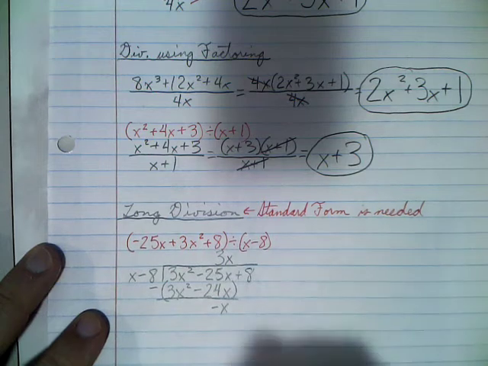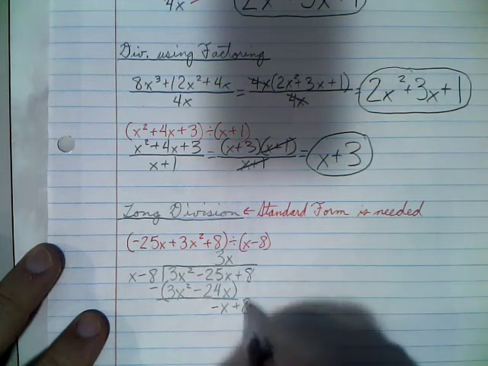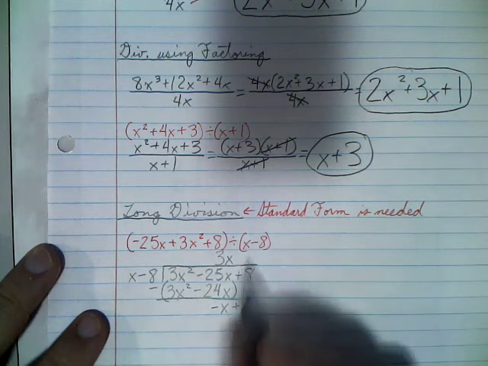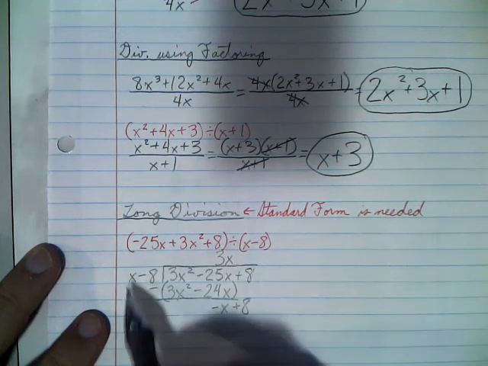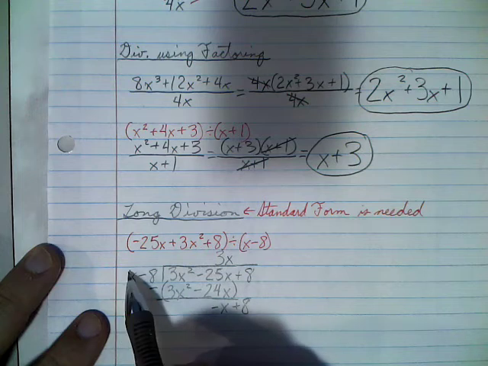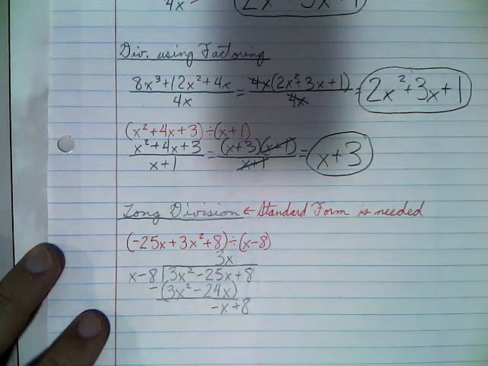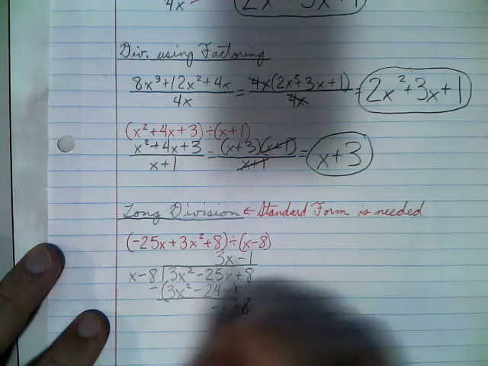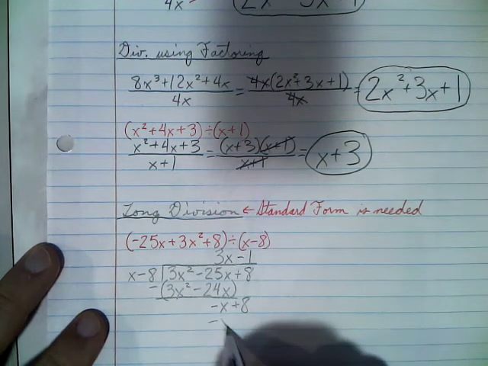Then we bring down the next column. The next column is a plus 8. So now I'm down here into my constant column. So what constant would we multiply with x to get a negative x? Well, negative 1. So a negative 1 times x will give me a negative x.